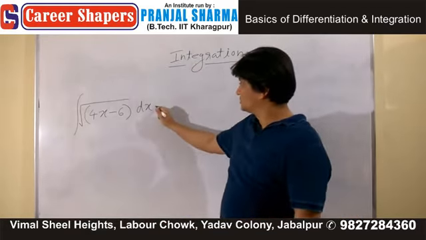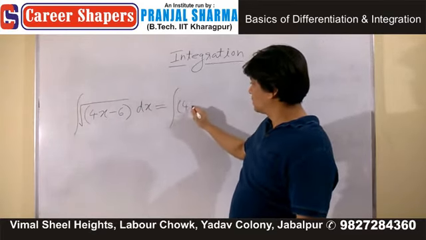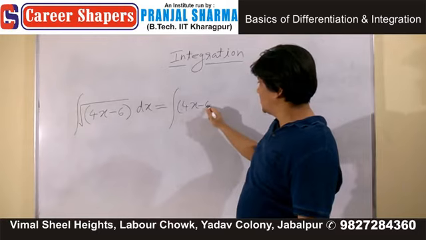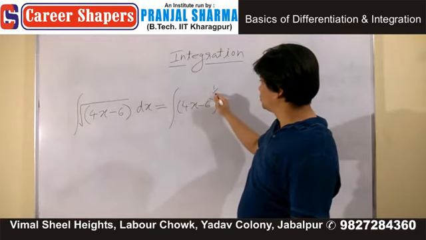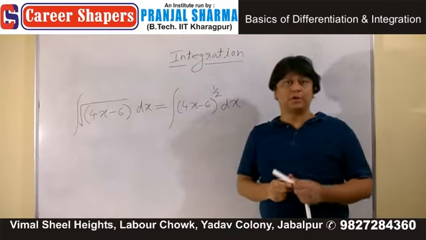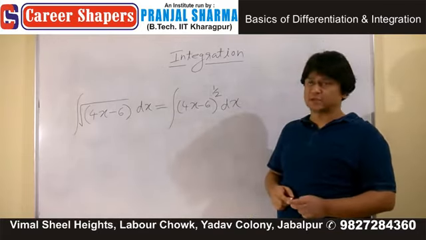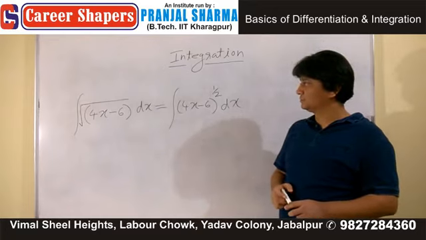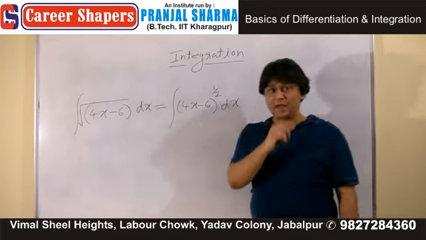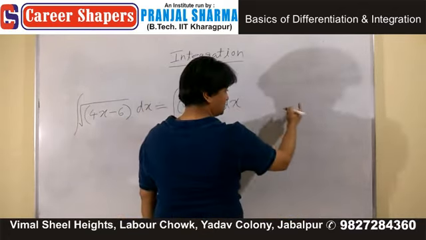This is 4x minus 6 to the power half, dx. This should be the first step. And then you need to remember this.